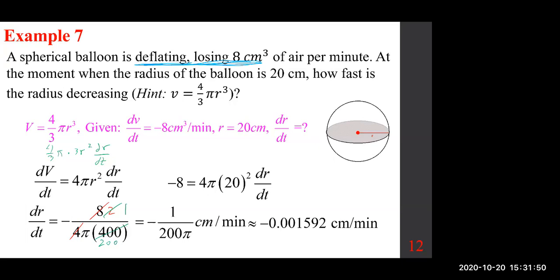And this is your precise answer. Okay, and -1/200 pi centimeters per minute, then you can write the approximation also in case. So this is the same question. We have made a slight change. So I hope everybody is comfortable with that.